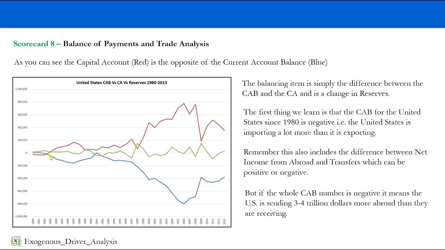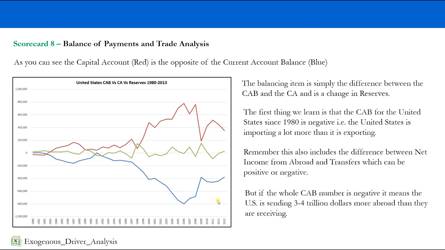So we get a basis of understanding there by first looking at the current account balance. And we know that in accounting terms, the capital account and current account balance should net each other off. So the capital account should be the inverse of the current account balance.